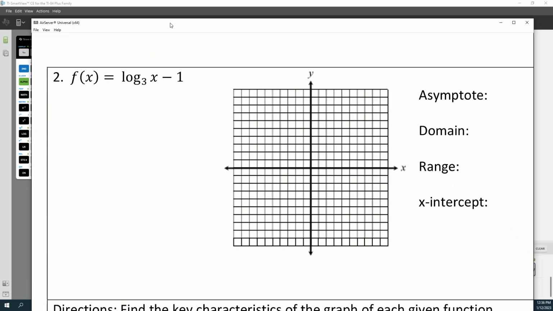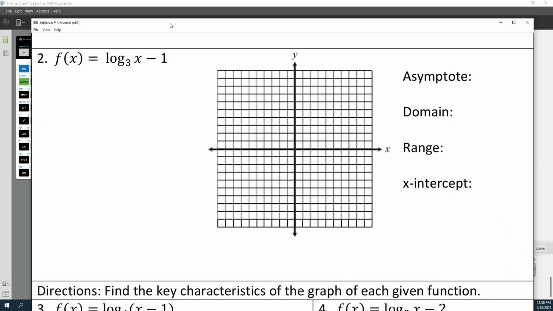All right, so let's look at another one. So the asymptote comes from what's inside the parentheses. What if there aren't any parentheses? Well, if there's no parentheses, then that means there's no adding or subtracting in the parentheses. So it automatically means that your asymptote is 0.